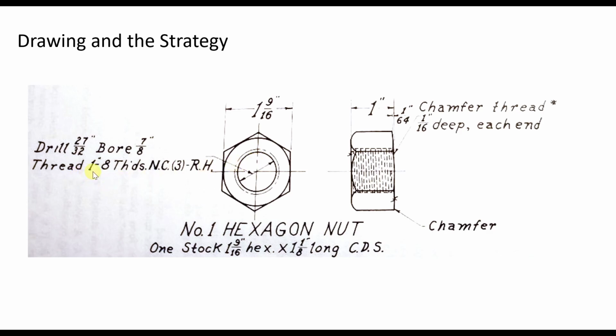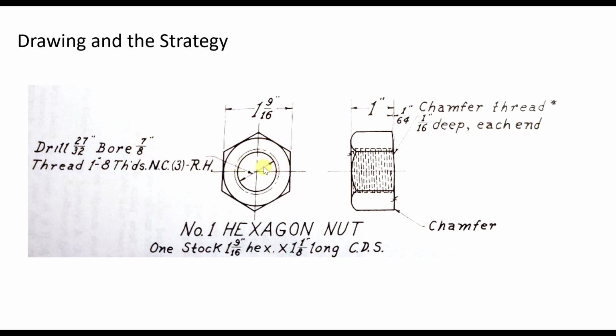To identify the thread, you also need to know how many threads per inch exist. In this case, there are 8 threads per inch, and the thread type is national course, and there's class 1, 2, 3, and this is class 3. That has to do with the accuracy and how tight the threads will be. Normally 3 is used for better fitting between the bolt and the knots.